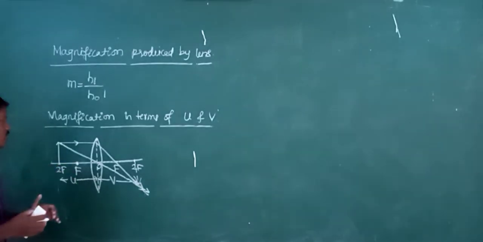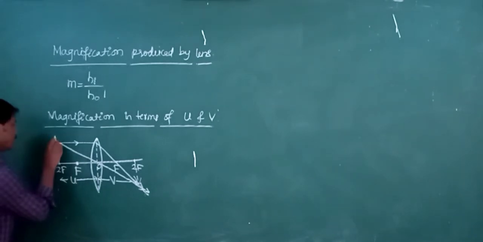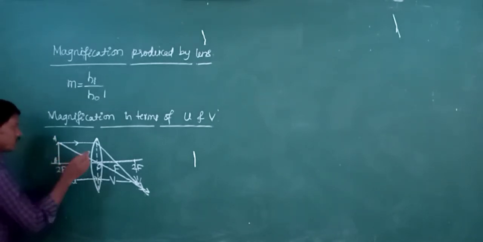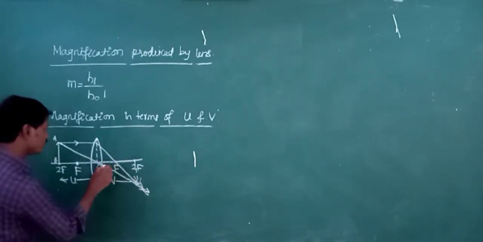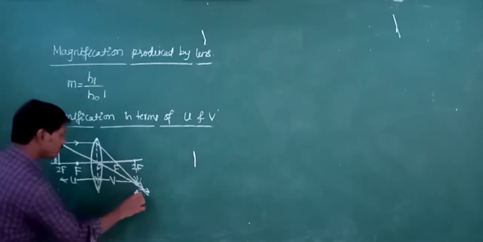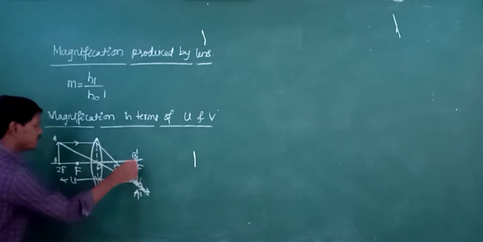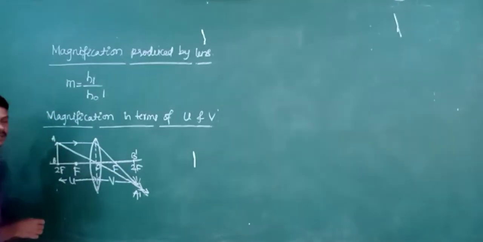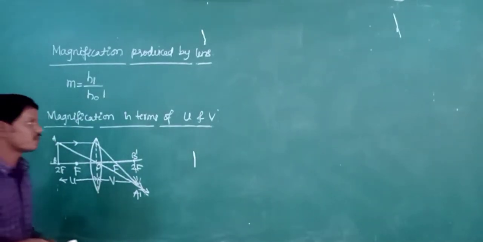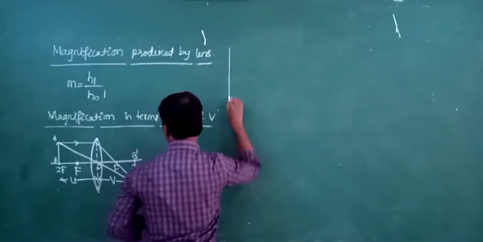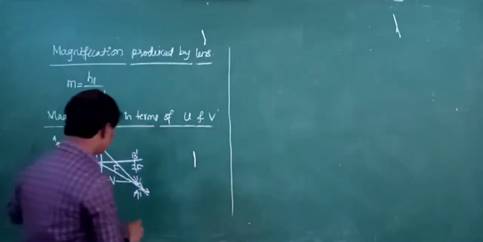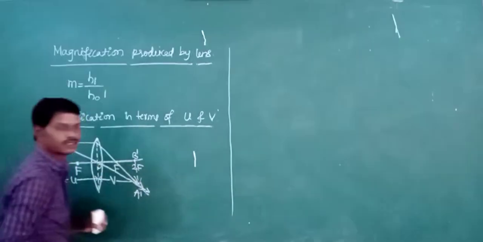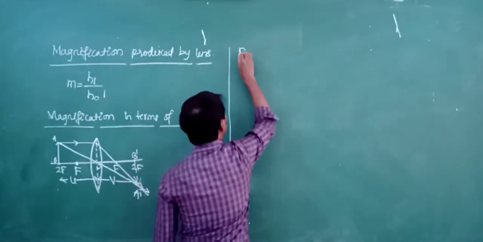By considering similar triangles, I will take it as A, B, and A dash and B dash. A dash B dash is the image of the object AB. Considering similar triangles, what are those similar triangles? They are AOB and A dash O B dash.